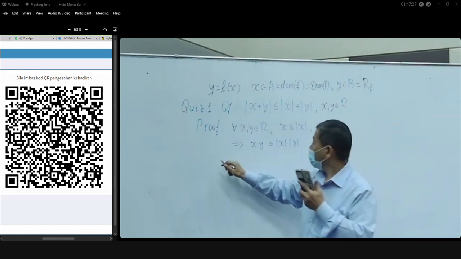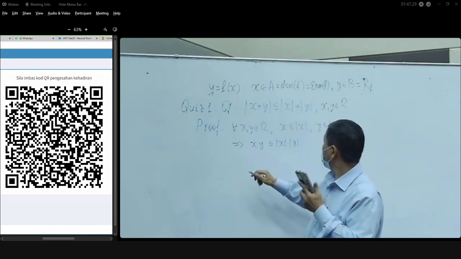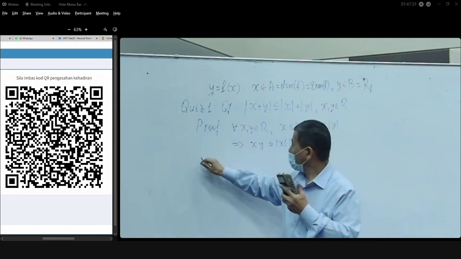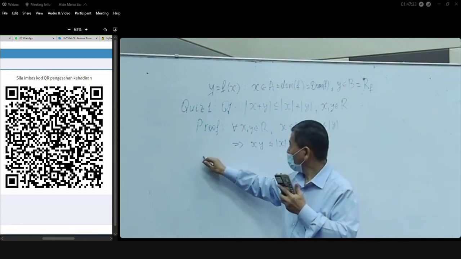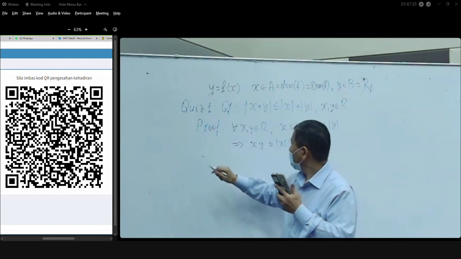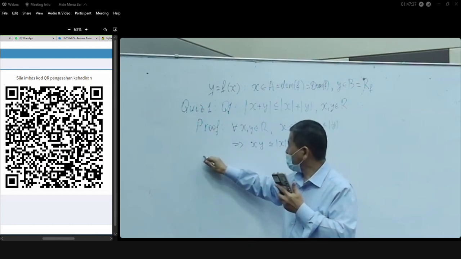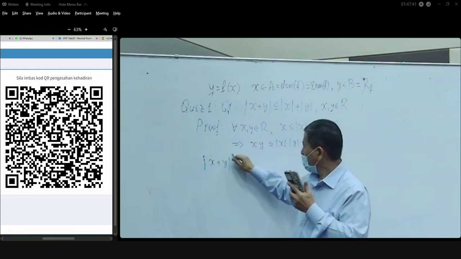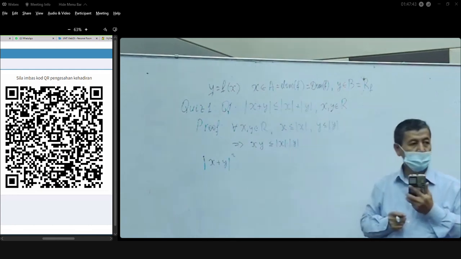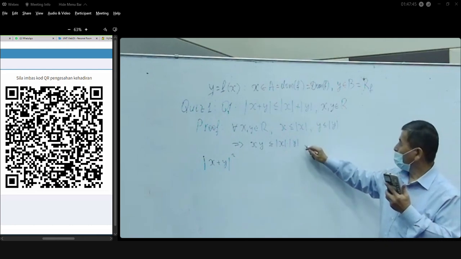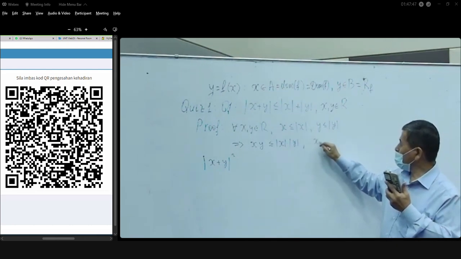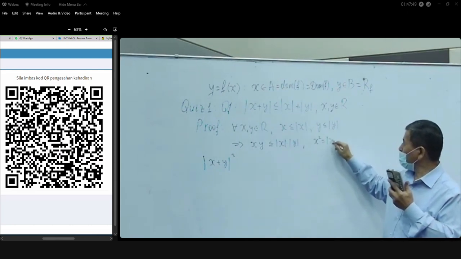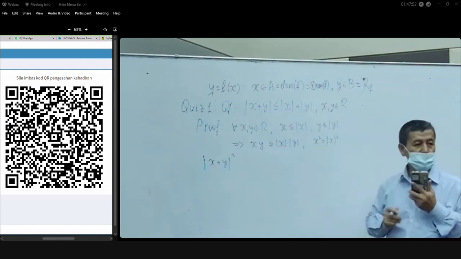Now I am taking the left side, (x plus y) square. By the way, we also have this equality: x square equals absolute value of x square.